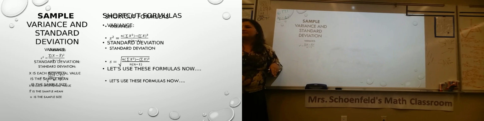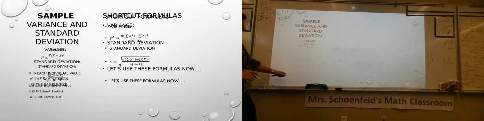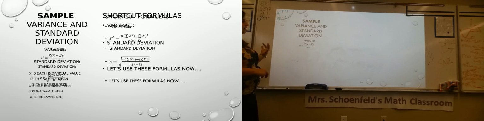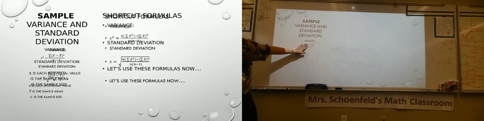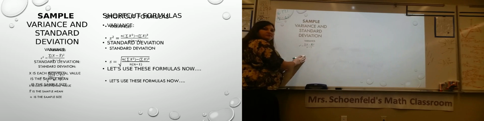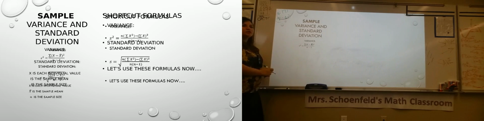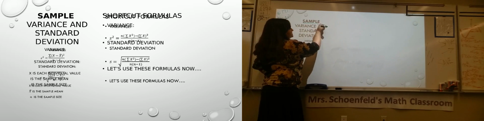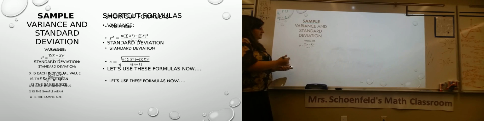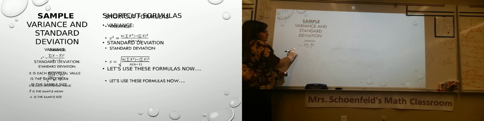So we actually have different equations, and it seems really weird to use these equations. Remember, x bar is the same thing as mu if it was a population. We're doing almost the same things, just make sure if you read sample somewhere in the question, that you use this equation. So this is your equation for sample variance.